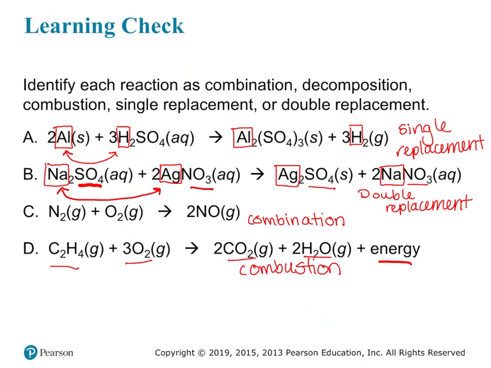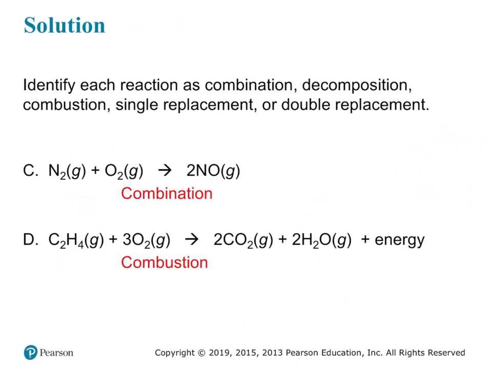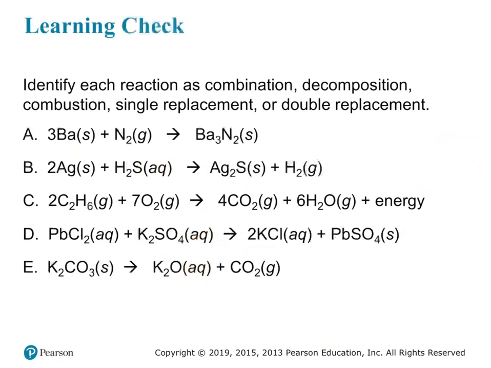All right. So here are these solutions if you need those later. Let's do one more set of reactions. So let's go over these together. So reaction A, we have barium reacting with nitrogen to produce a compound. What would that be?